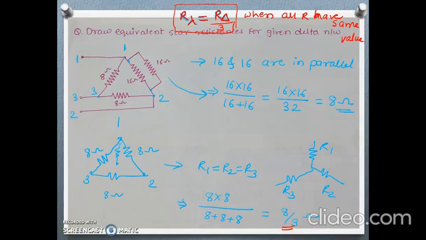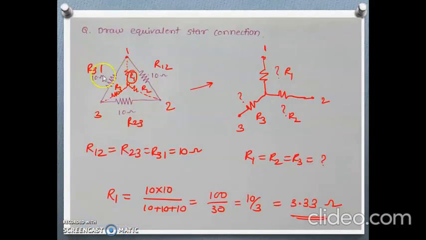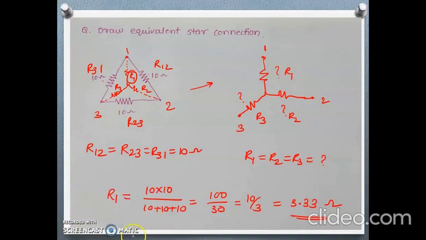See also here, in one case the resistances are different, so the values are different, and in this case the resistances are identical. These resistances are identical, so R star will be R delta divided by 3.